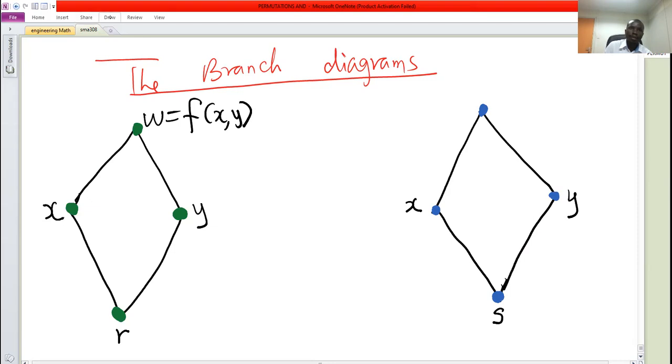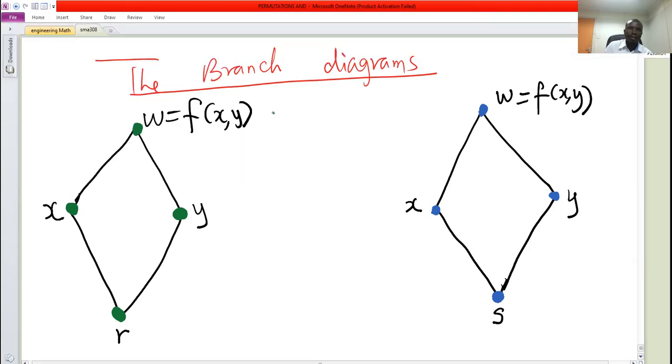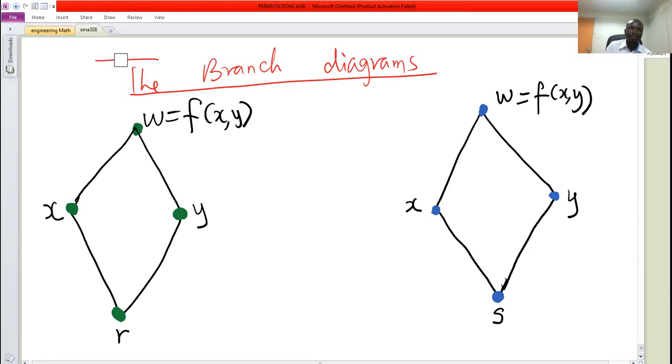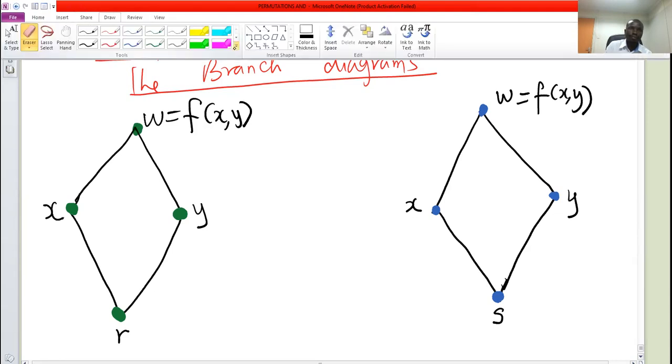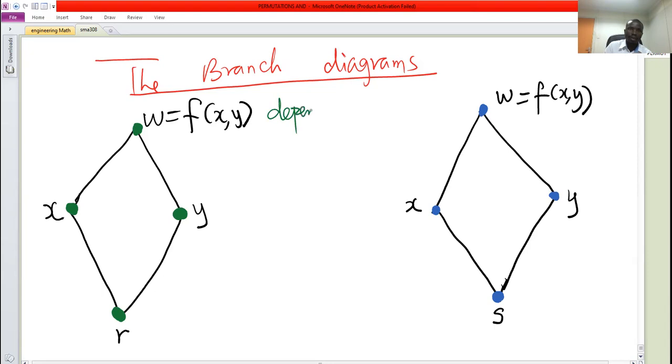So as usual, remember this is still W, f of X, Y. So this W is the dependent variable.